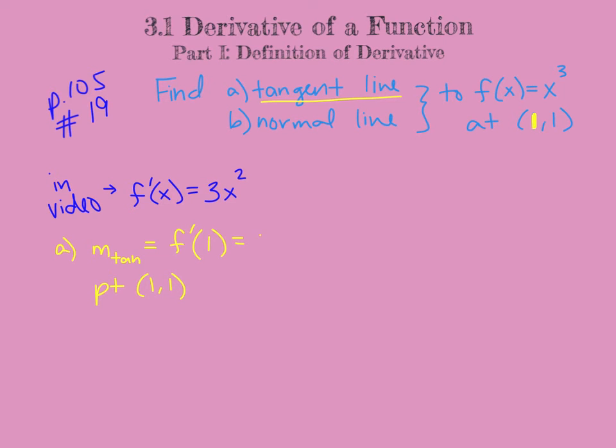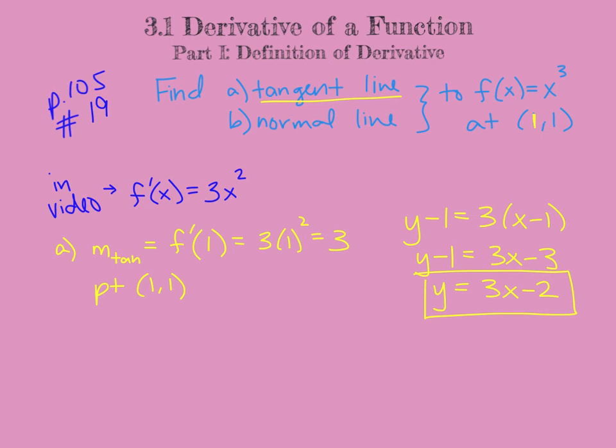So f prime at 1 is 3 times 1 squared, which is just 3. So now we have the slope, 3, and the point, 1, 1. So writing the equation of the tangent line isn't too bad. It's going to be y minus 1 equals 3 times the quantity x minus 1, which is point slope form. So we have 3x minus 3. And then we add 1 to both sides, so we'll get 3x minus 2. That's our tangent line equation.